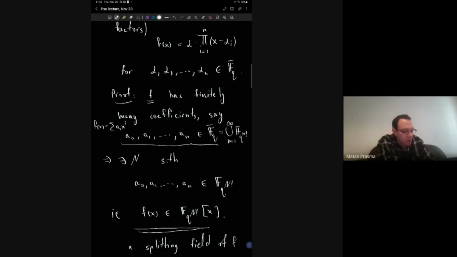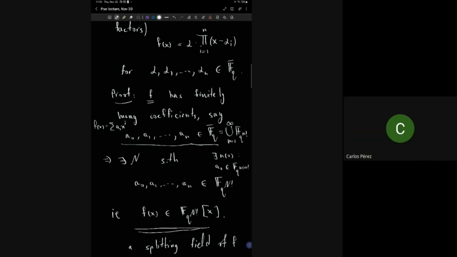If a_0 is an element in F_q bar, then there is some n, let's call it n_0, such that a_0 belongs to F_q^{n_0 factorial}. You see this? Yeah, until now I follow.